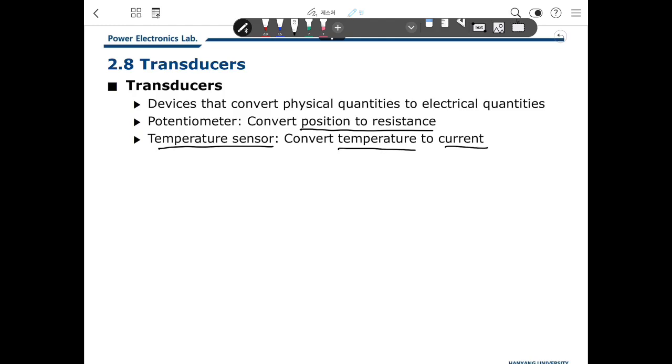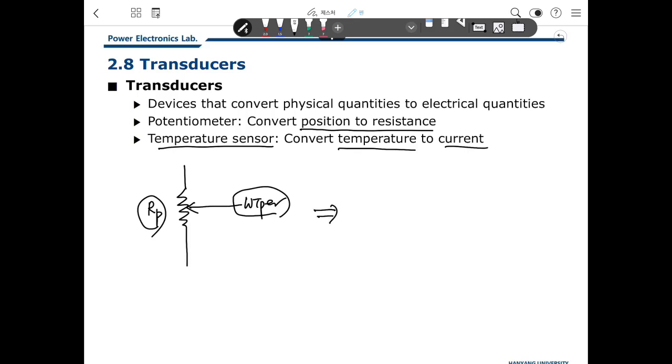For example, we can use this resistor here. This is the potentiometer, and they have some information here. This is a wiper. So based on the position of this wiper, the resistance is different.